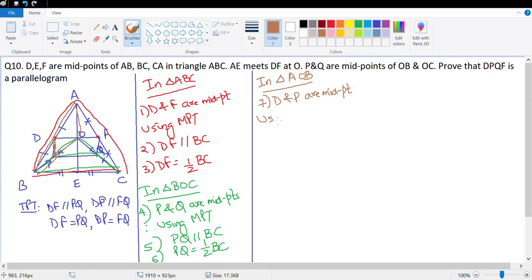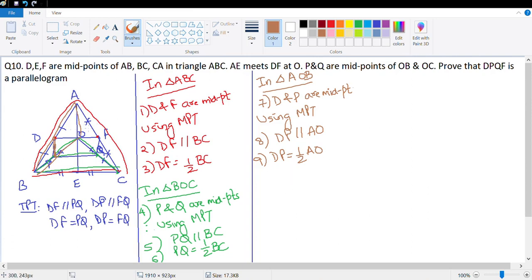So using the midpoint theorem, number 8, DP is parallel to AO, and number 9, DP is equal to half of AO.